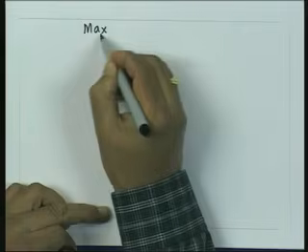As we mentioned earlier, Maxwell's equations can be written in the differential form and in the integral form, and depending upon suitability, the equations can be used in either form. So, we finally write the four Maxwell's equations.